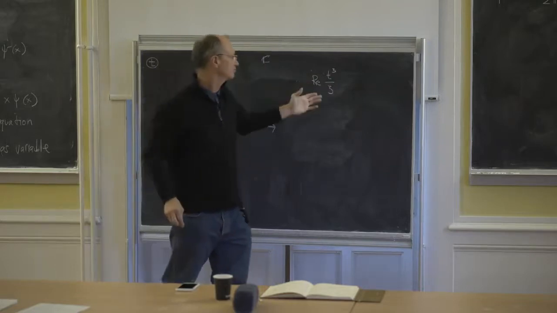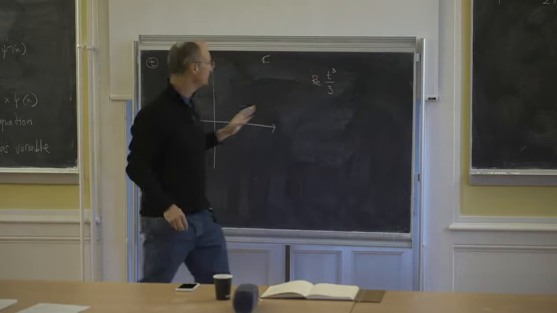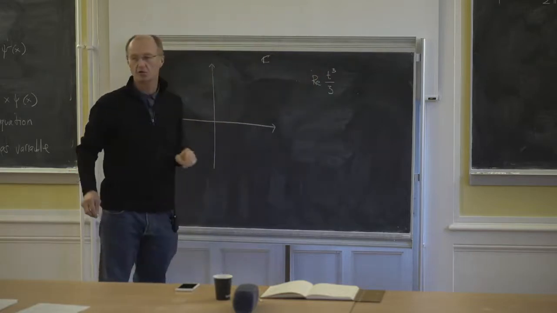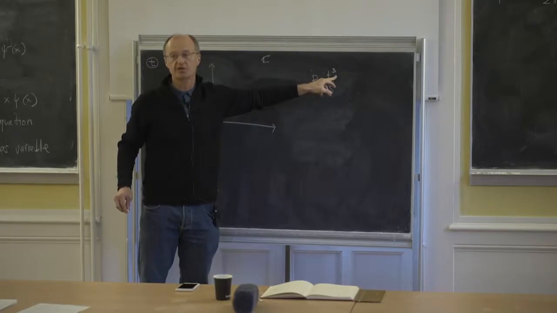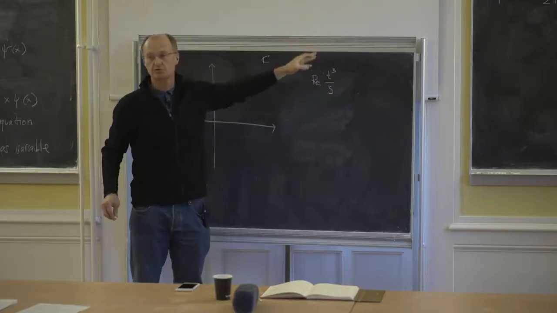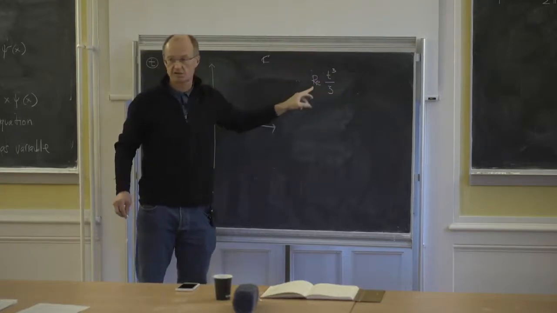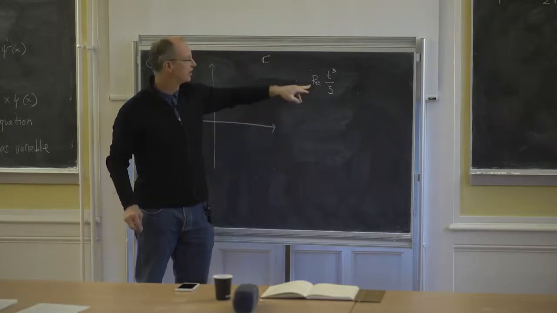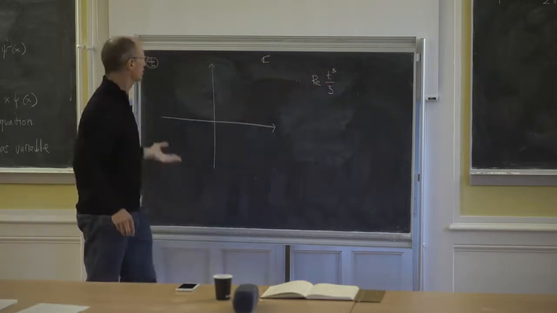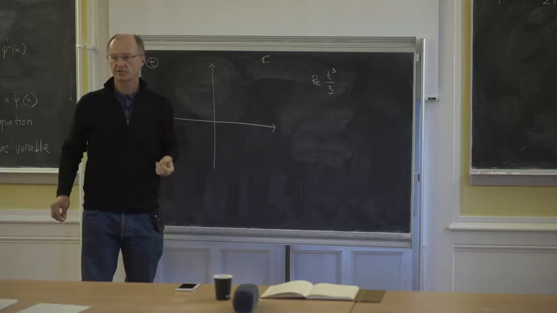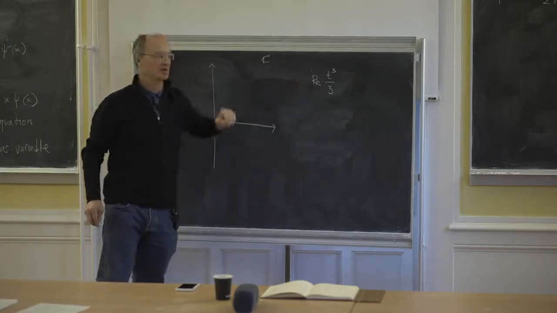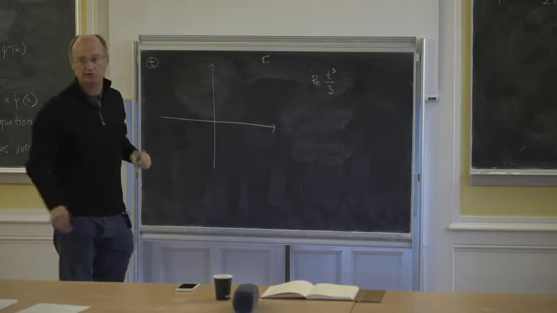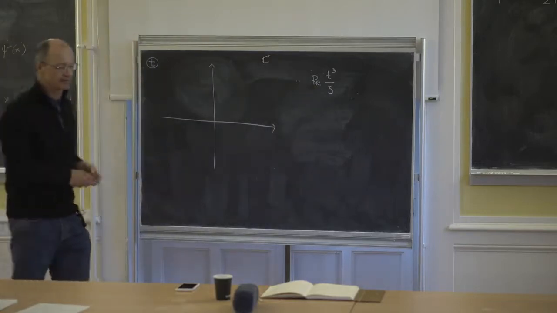Of course, when t goes to infinity along some ray in the complex plane, if it is positive, exponential of it grows very fast. If it is negative, it decreases, and the exponential of it goes very fast to 0. So there are very different types of behavior of the function exponential of t cubed over 3.